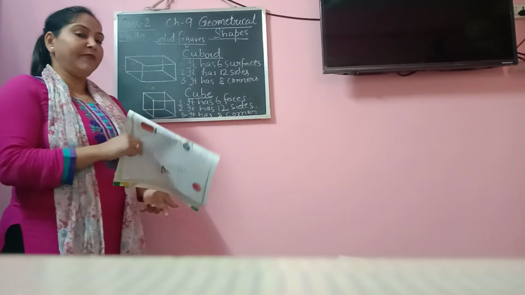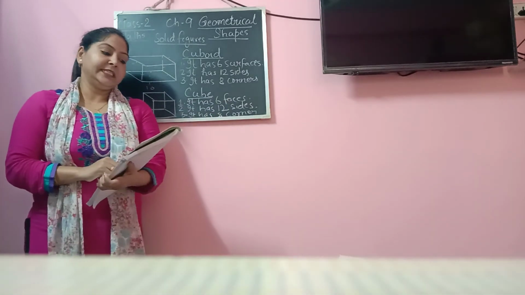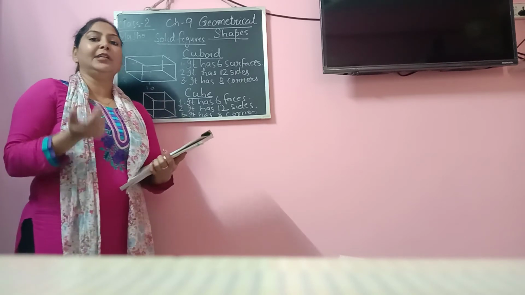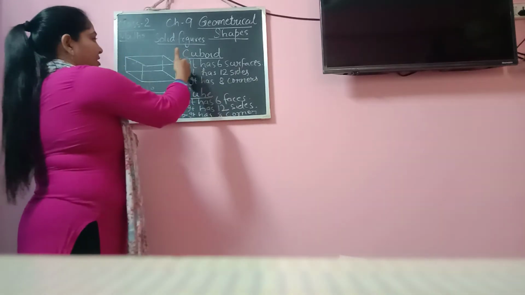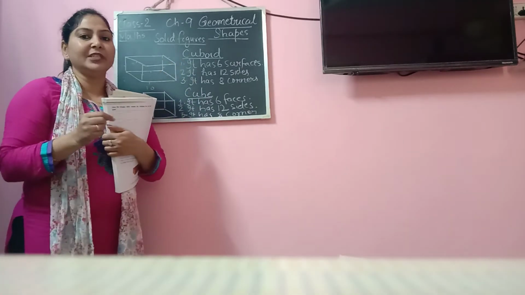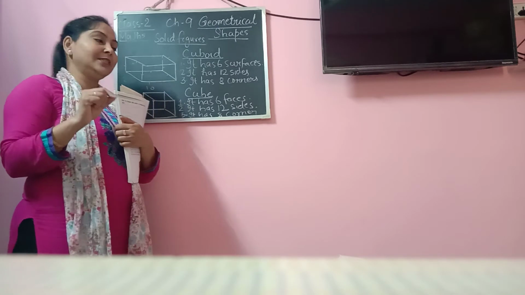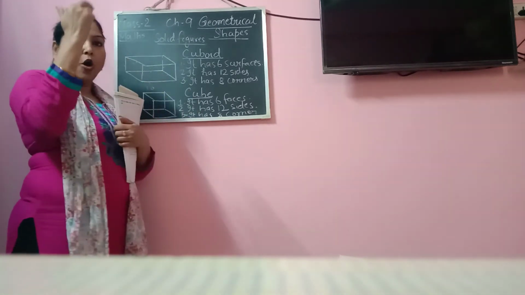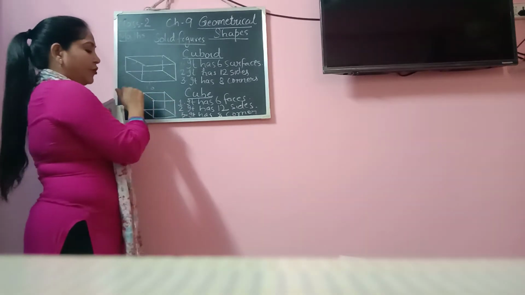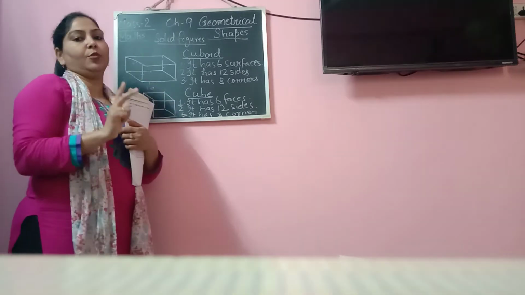So in a cube, what have we learned? A cube has 6 flat surfaces, 8 corners and 12 edges. What is the difference between cuboid and cube? The only difference is, in a cuboid the opposite sides are equal, whereas in a cube all the sides are equal.